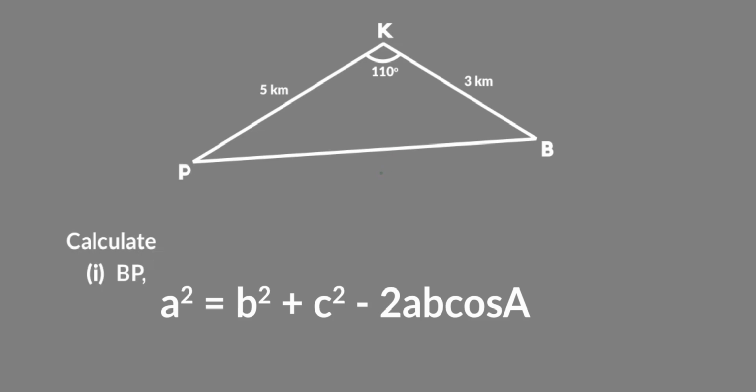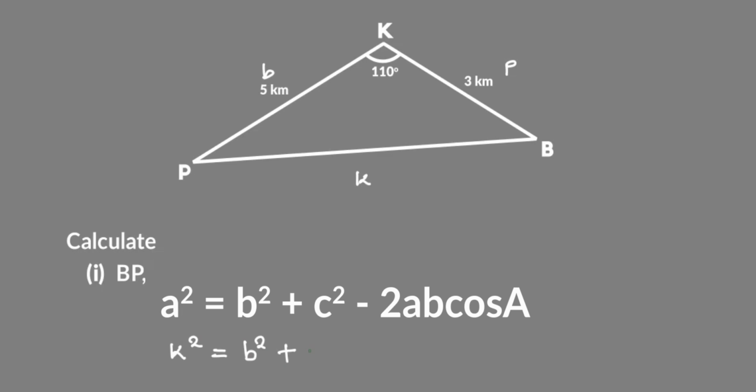The side opposite the angle at K is going to be a lowercase k. The side opposite the angle at B is going to be b. The side opposite the angle at P is going to be a lowercase p. So instead of a squared, it's going to be k squared is equal to b squared. We have a b there, so there's no problem.